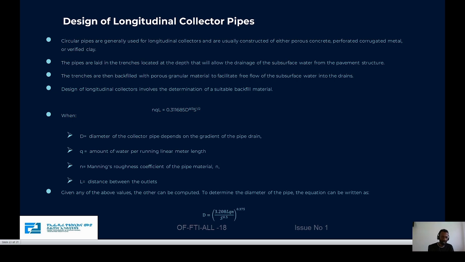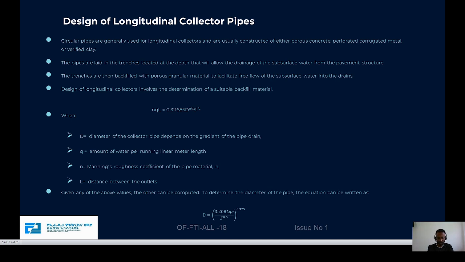The trenches are then backfilled. We must give critical attention to the size, or diameter, of the aggregate. The design of longitudinal collectors involves determining a suitable backfill material by using this formula: n is the Manning roughness coefficient, times the discharge, times the length between the outlets.